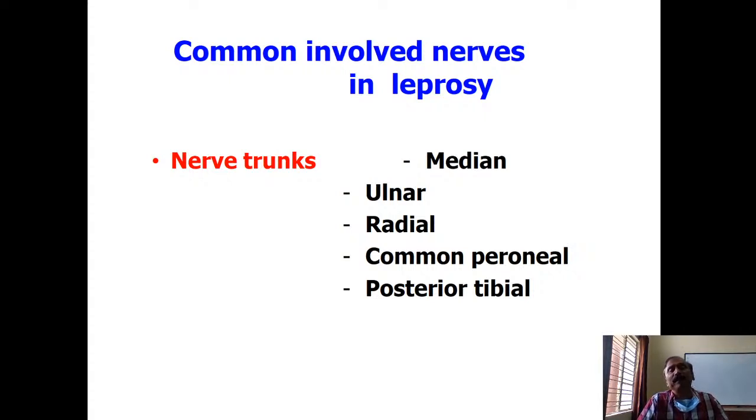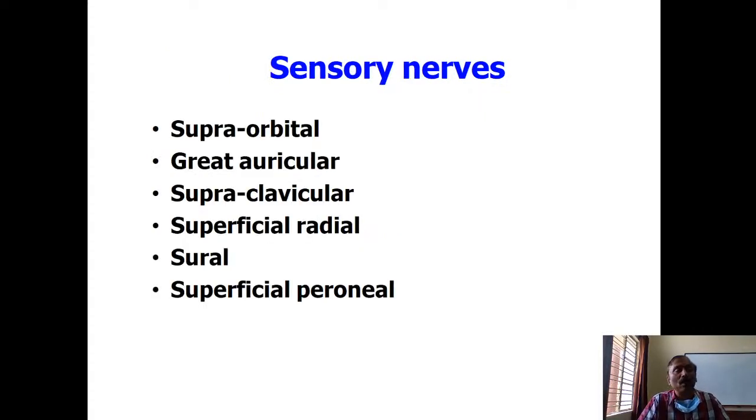Now there are many more: the supraorbital, the greater auricular, the supraclavicular, the superficial radial, the sural, and the superficial peroneal. So you will palpate all these nerves when you do an examination.